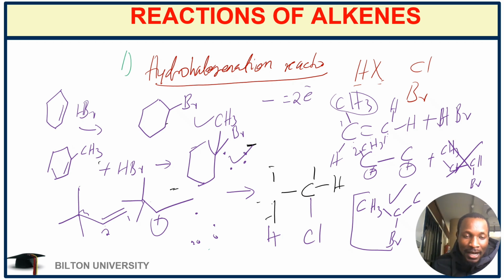So we expect our product to be formed on this carbon number 2, because carbon number 2 has the highest number of substituents. But you realize that when the carbocation is formed here, there can be a shift of this methyl group to come this side, so that we can have something like this.